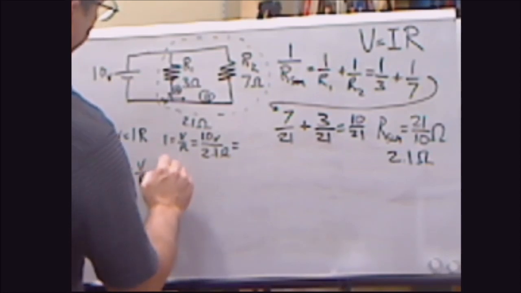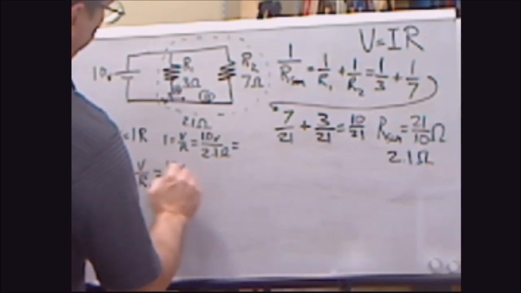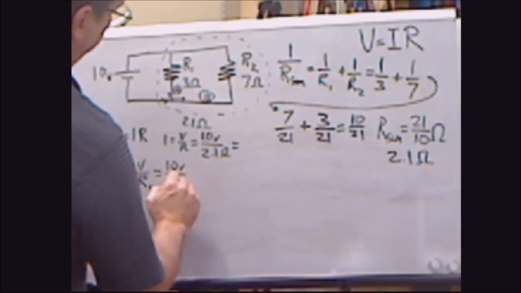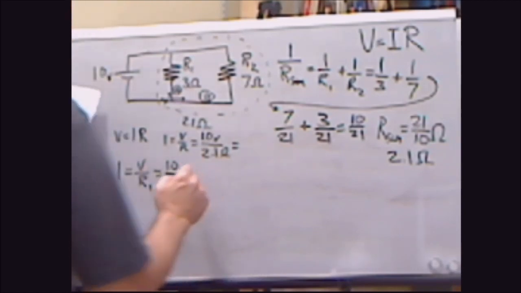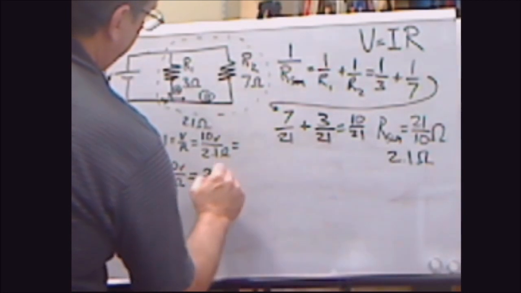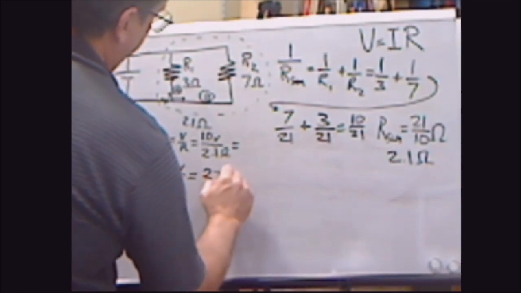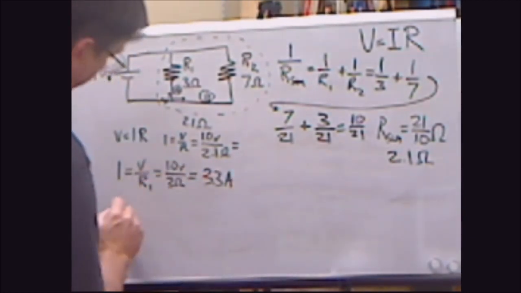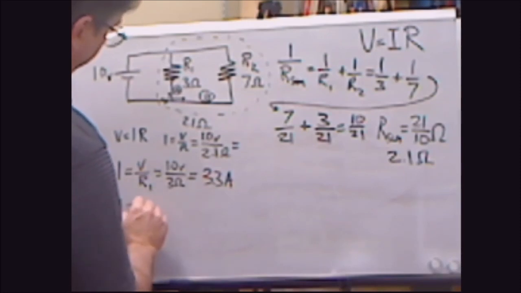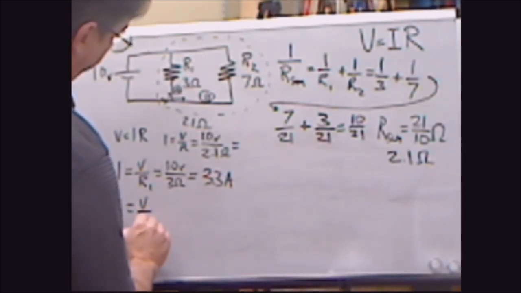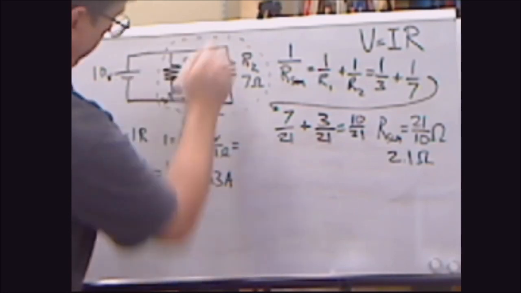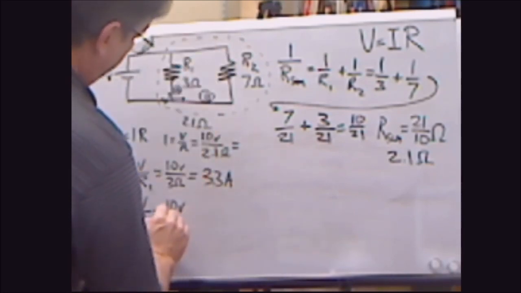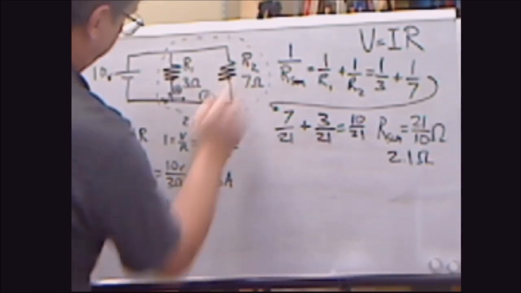So the current is 10 volts divided by R1, which is 3 ohms. So 10 over 3 is 3.3 amps. See if I can keep my units straight here. And for the second resistor, we have that, and it's 10 volts, remember? Volts all the way along there, right? And then R2 is 7 ohms.